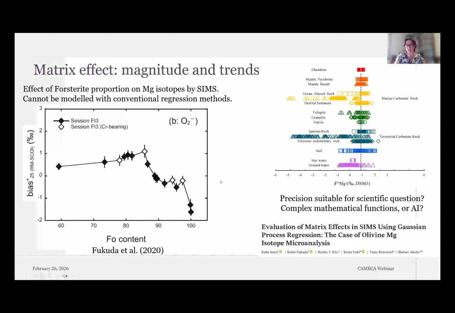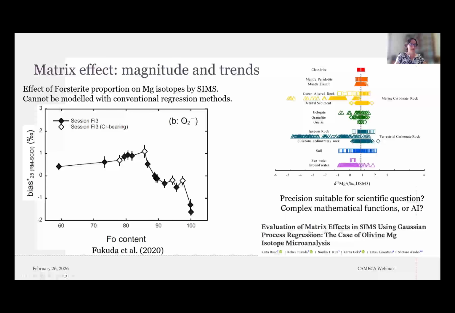So two options here. Either maybe we have to wonder whether the precision is suitable for the scientific question that is asked. But if we have no choice, for example, when we analyze very small minerals in very rare samples, such as meteorites, we need to find new ways to tackle this problem.